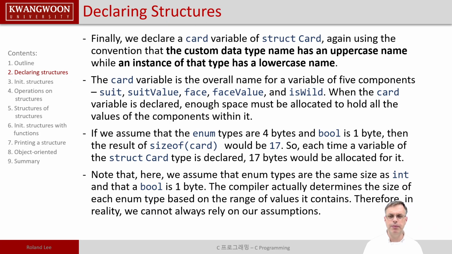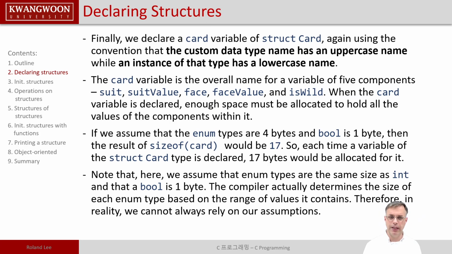If we assume that the enum types are 4 bytes and the boolean is 1 byte, then the result of size of card would be 17. So each time a variable of the struct card type is declared, 17 bytes would be allocated for it.